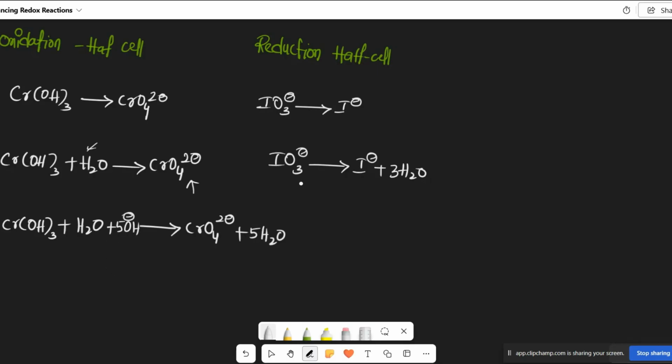Here also you do the same thing: 3 plus 3, that is 6 hydrogen atoms, and none on the other side. So add 6 water molecules on this side and 6 OH negative on the other: IO3 negative plus 6H2O gives I negative plus 3H2O plus 6OH negative.